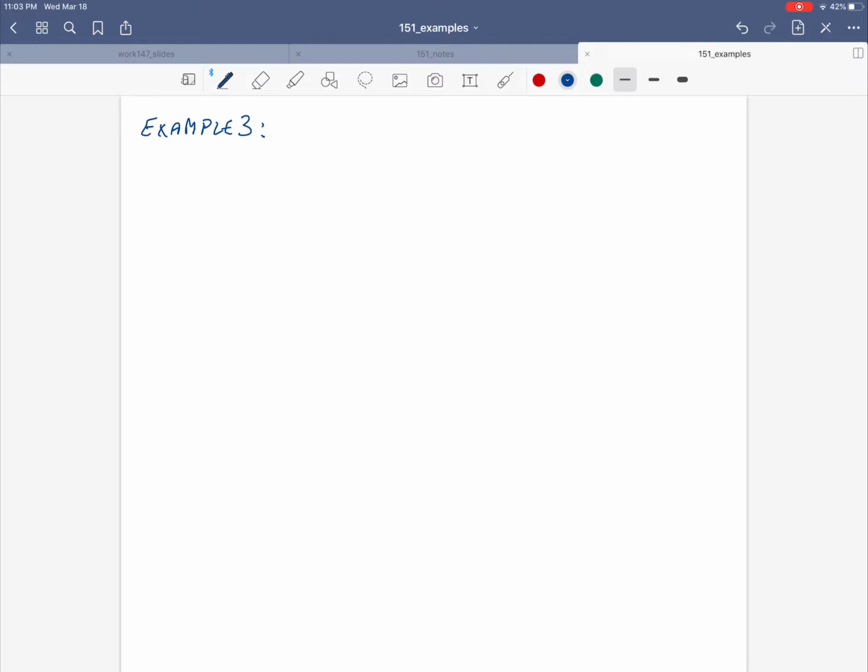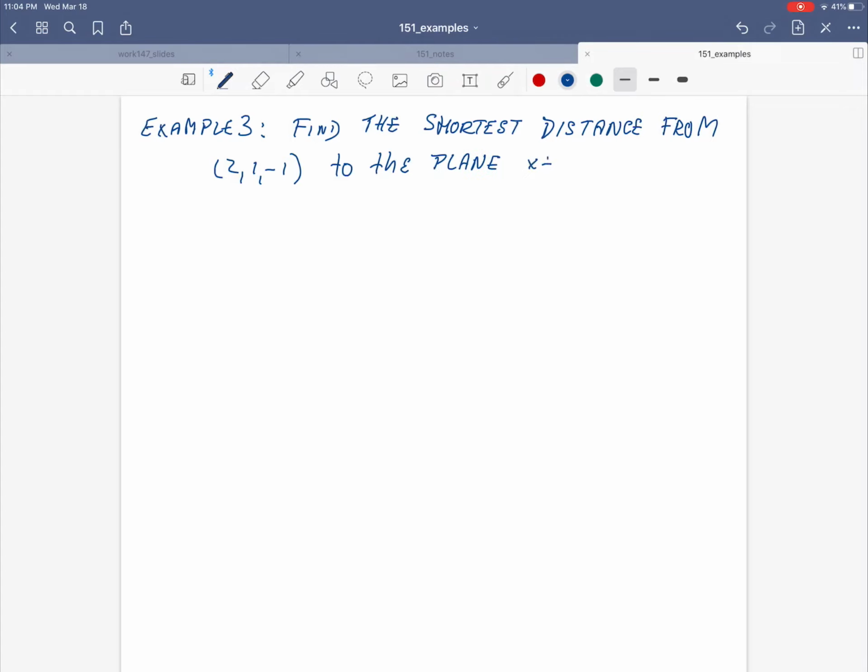Example 3, and it says: find the shortest distance. The word shortest is stressed so that we see that we are looking for the minimum distance from the point (2, 1, minus 1) to the plane x plus y minus z is 1.